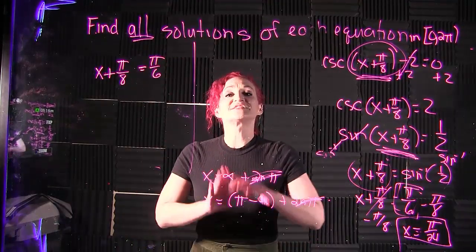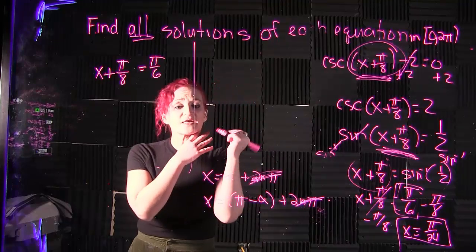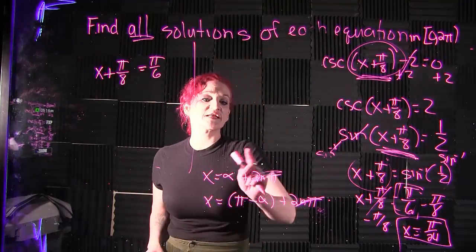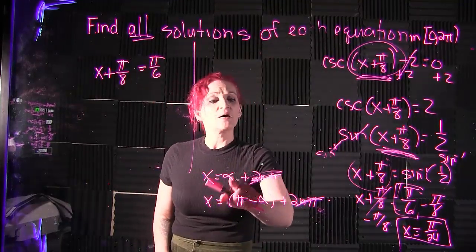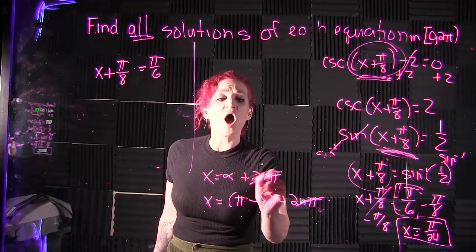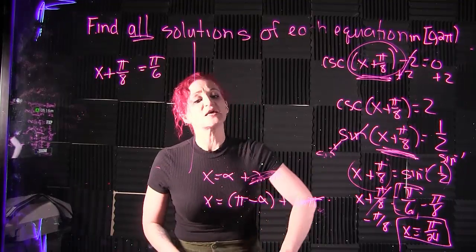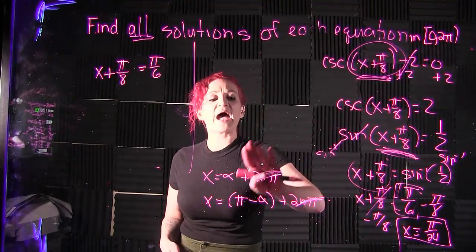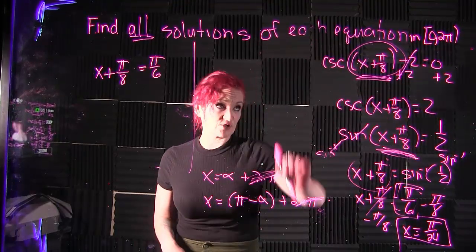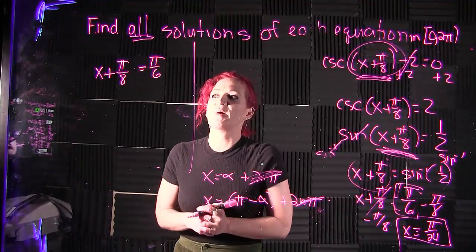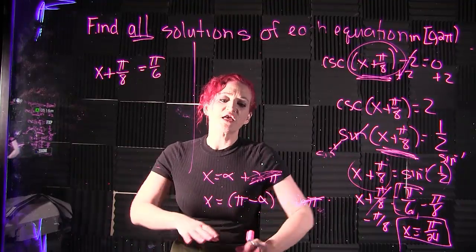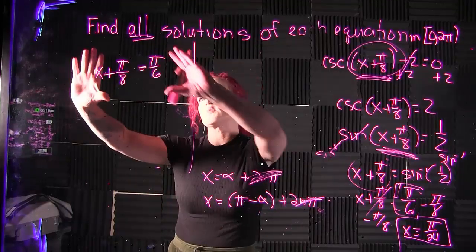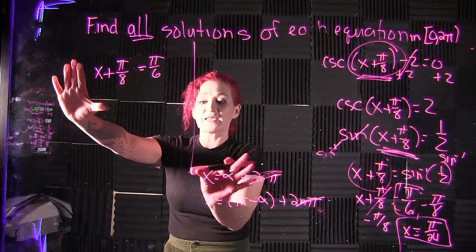Now the stipulations of solving sine trig equations say that x is equal to alpha plus 2n pi. Again, we're not using the 2n pi for this because we want all solutions within 0 and 2 pi. So we don't want to keep adding and finding all those other solutions, just the ones between 0 and 2 pi. So that means for our first part of our solution, when we solve this bit here, that is this first piece.